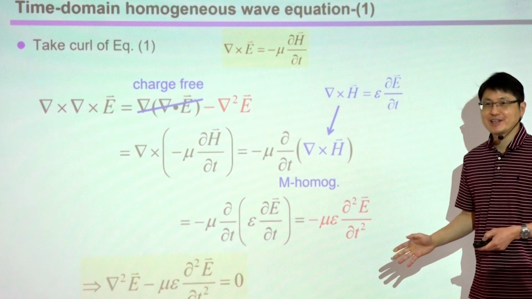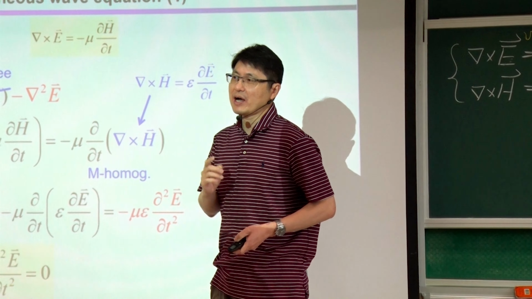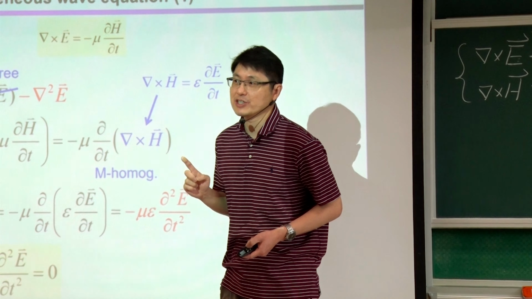Now, can you tell me, what did I do to convert from this to this? This is assuming free space. So we performed all this derivation for simple medium. If I want to go back and ask how this wave is propagating in vacuum, do I need to repeat all the derivations?